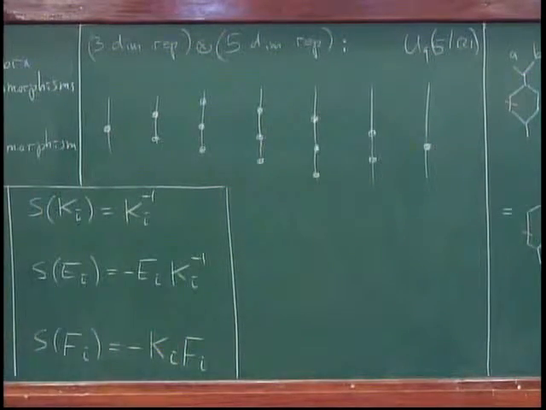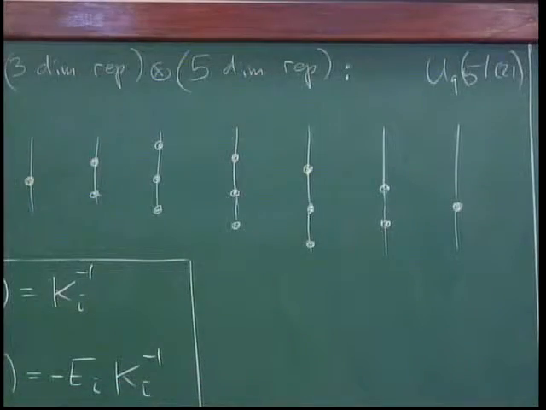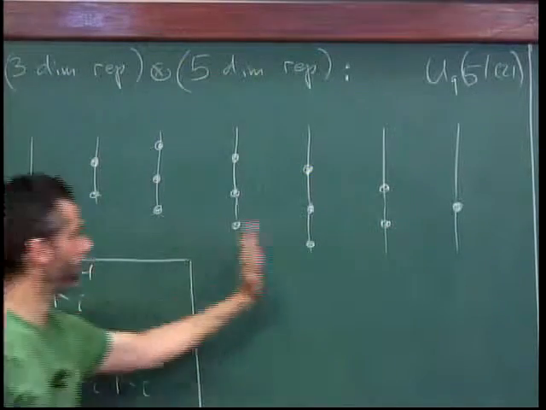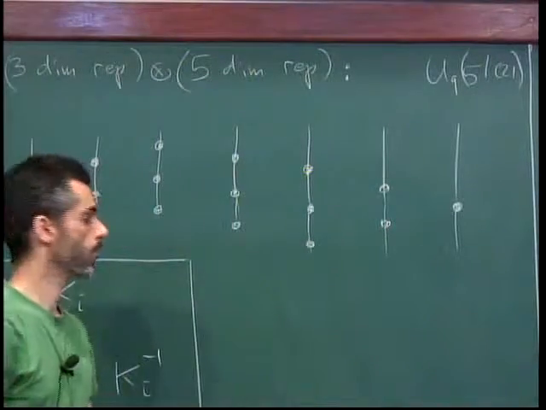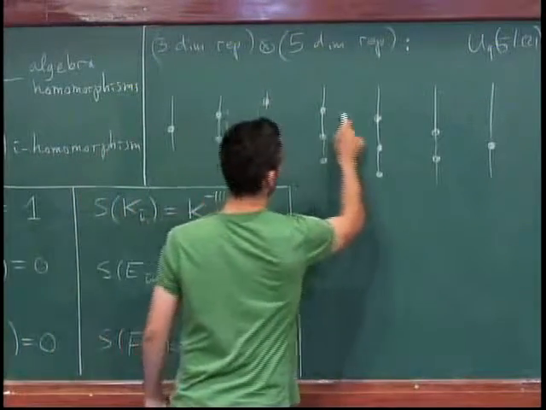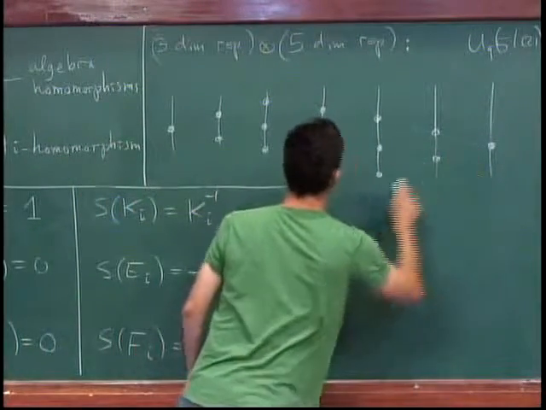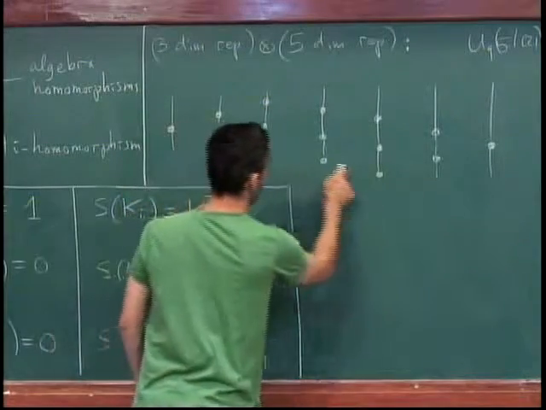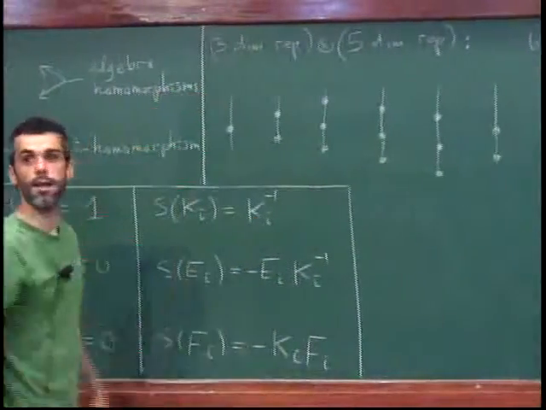Like this, and the weight spaces are of dimension 1, 2, 3, 3, 3, 2, 1. You should think of it as being a rectangle that has been squished.